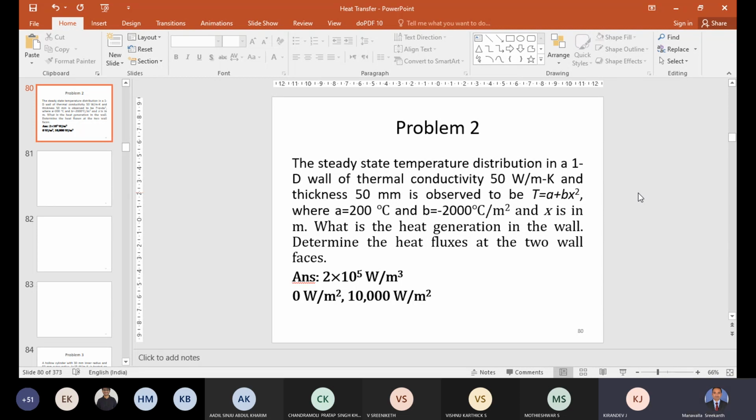So we are given the temperature profile, we are given the conductivity of the wall and also the thickness of the wall. So how to solve this problem?